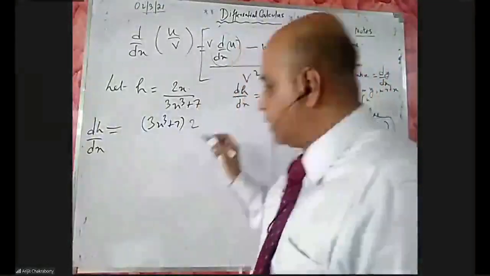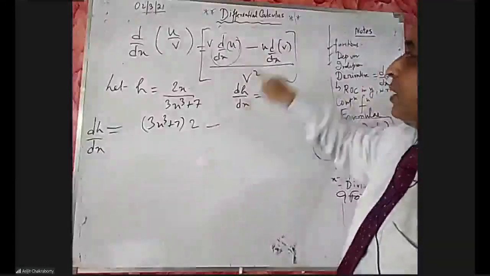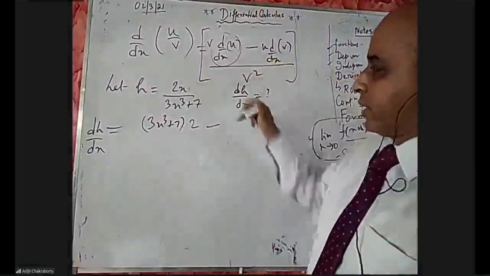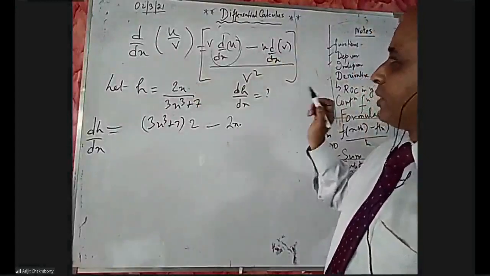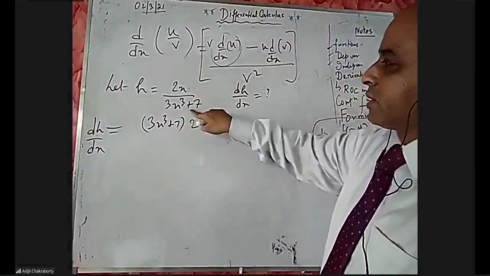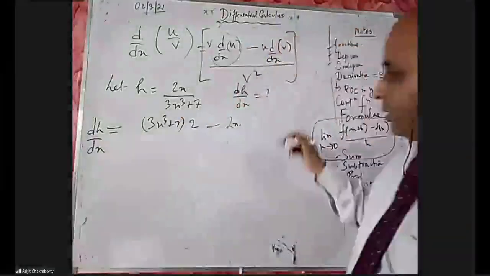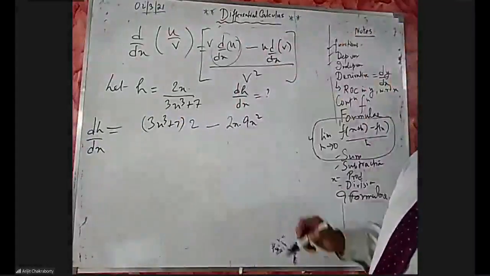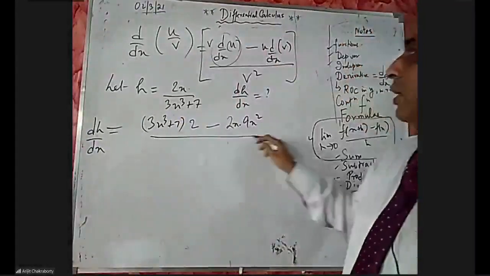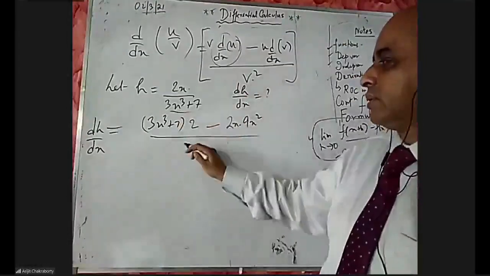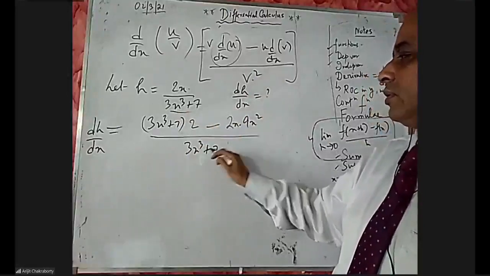Now I'm doing it directly. Minus, u is kept outside. u is 2x, so I keep 2x here. d/dx of 3x cube plus 7 gives you 9x square. Divided by v square. v is this, so 3x cube plus 7 whole square.